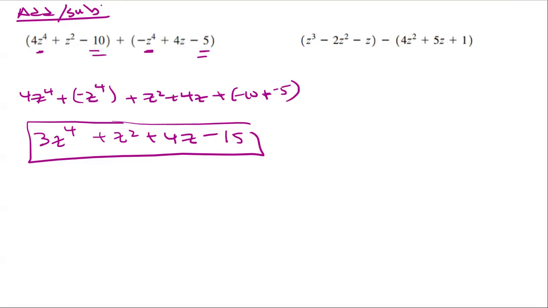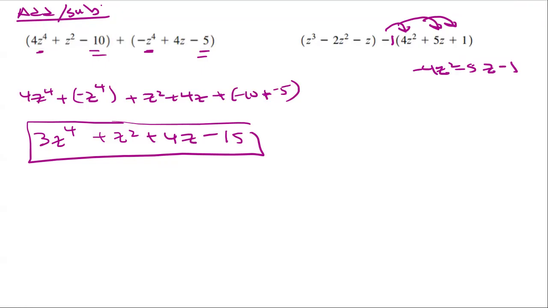Now this one, we have to be careful because now we have a minus here. So that means we have to distribute that minus to each term before we do anything else. So this becomes a minus 4z squared minus 5z minus 1. Okay, so then I can now subtract these guys.